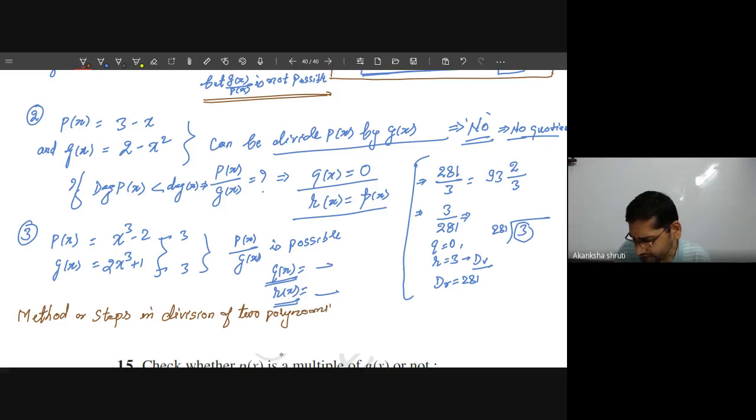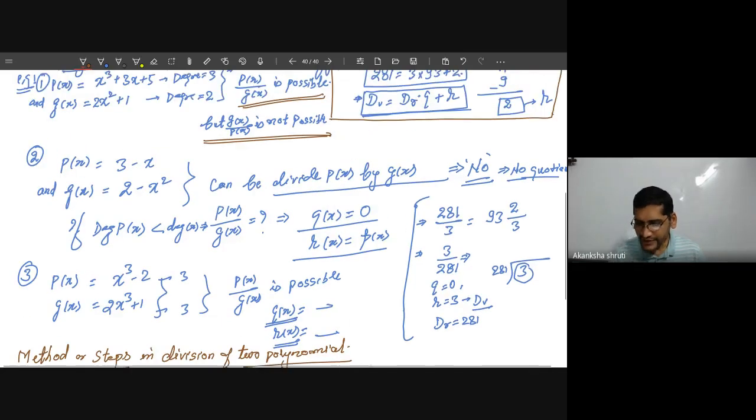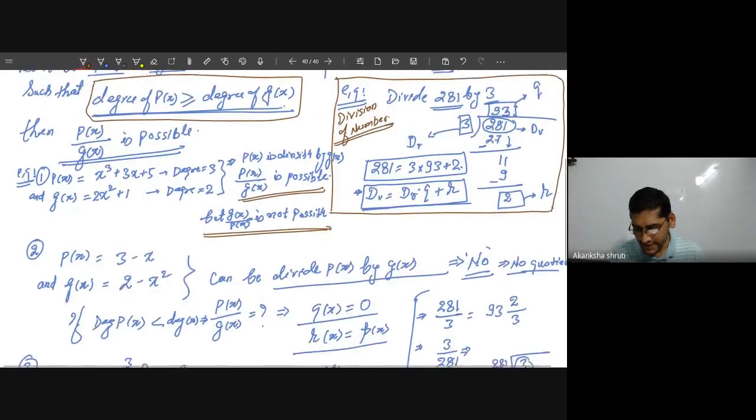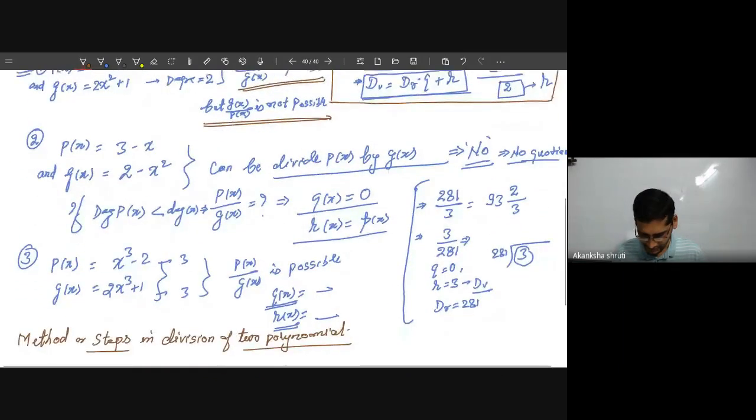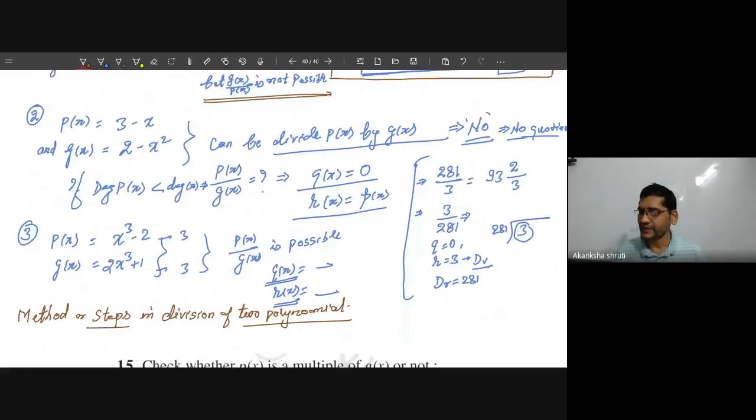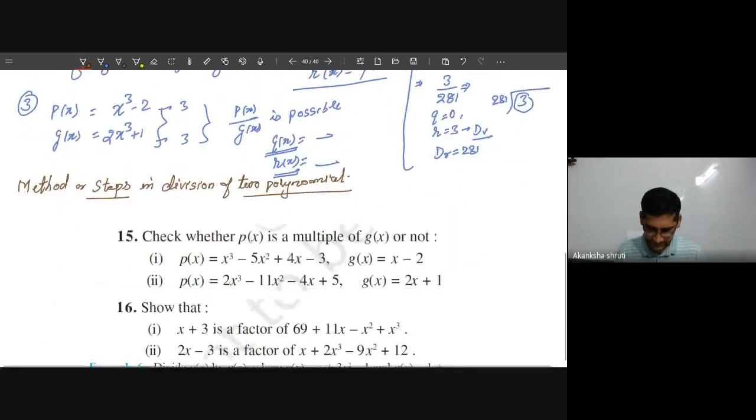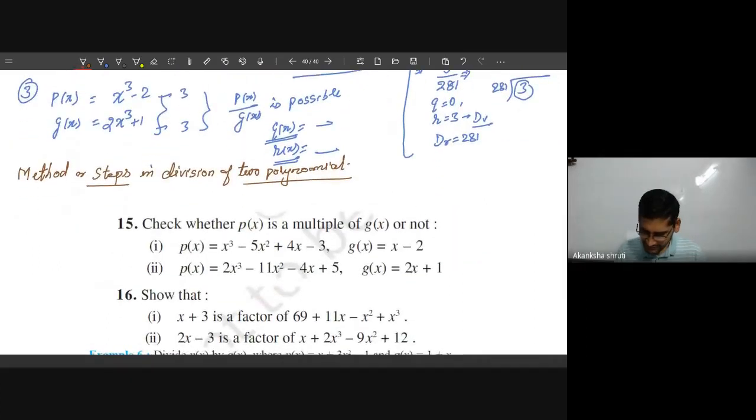If two polynomials are given, then how will you divide them? Students, recall, whatever the method for dividing two numbers, the same is applicable here also. But we have to take some extra care. So for understanding that, I will take one example and I will write all the steps in that example itself. Okay, students? So let me take one example.